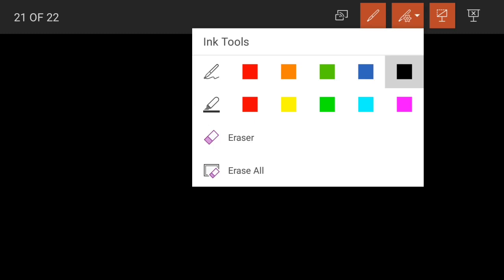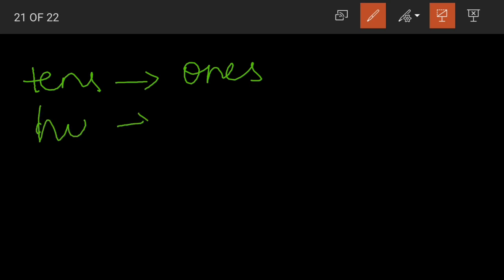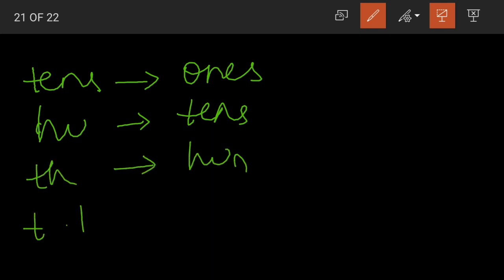Yes, this was our last question for the day. But before going, I would like to briefly explain how to estimate the numbers. When we are estimating to the nearest tens, we look at the digit in ones place. When estimating to hundreds, we look at the digit in tens place. When estimating to thousands, we look at the digit in hundreds place. In the same way, when estimating to the nearest 10,000s, we look at the digit in thousands place.